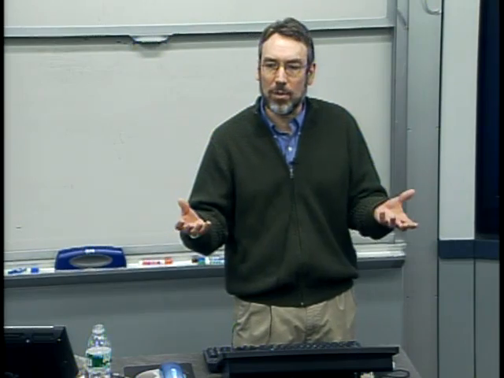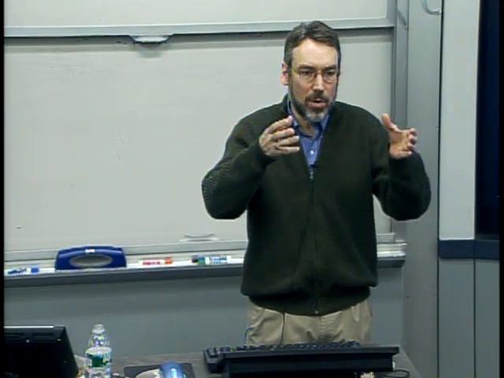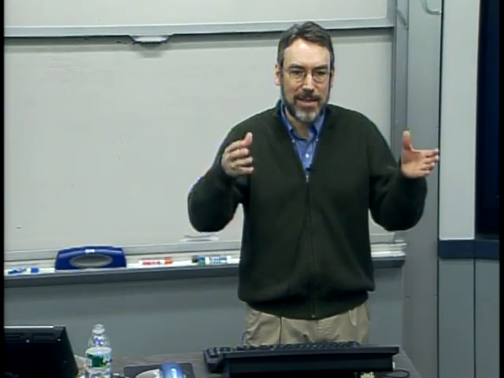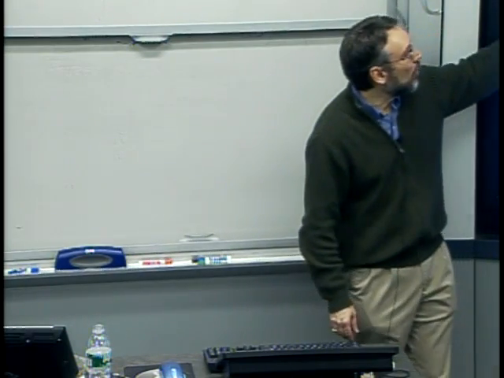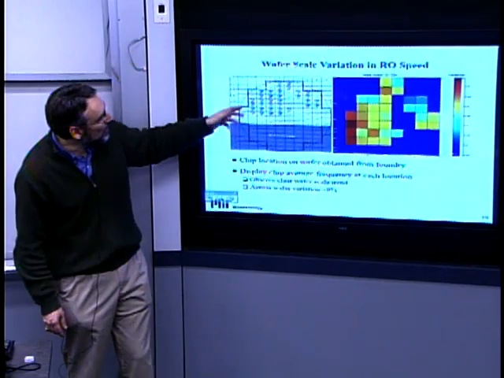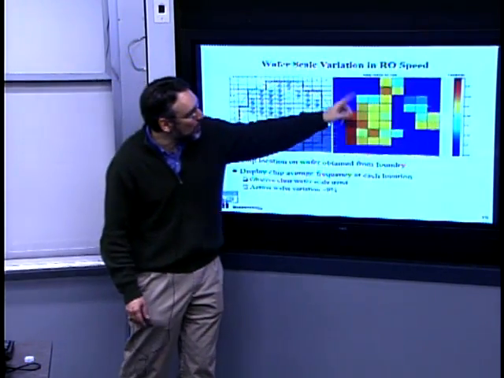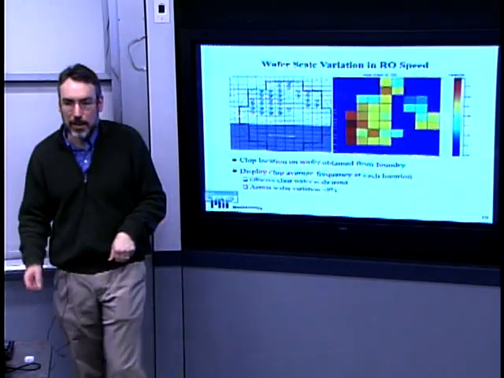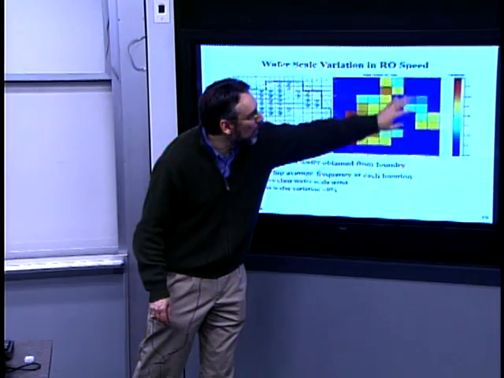Now if you go out and build this, this is a wonderful kind of data where you can aggregate or map out the data at these different spatial scales to look for trends. For example, if we look at the wafer scale variation in the ring oscillator speed, we've got something like 30 chips in the upper half of one of these wafers, and mapped out here in color is the average ring oscillator speed from high to low.